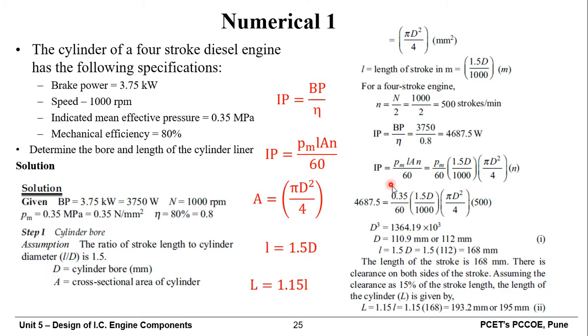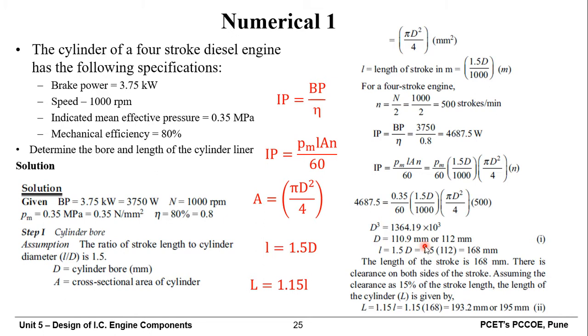So put all the known values in this equation and simplify. Upon simplification you will get the relation d cube is equal to 1364.19 into 10 raised to 3. Take its cube root and you will get the answer 110.9 mm. So by using the given data and our assumption, we get the bore diameter as 110.9 mm.